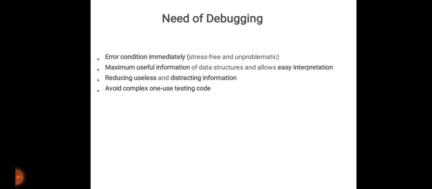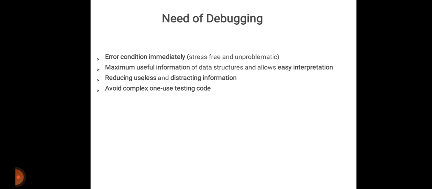Debugging has many benefits. It reports an error condition immediately, which allows earlier detection of an error, and it makes the process of software development stress free and unproblematic. Means there is no problem that occurs when we debug our program.